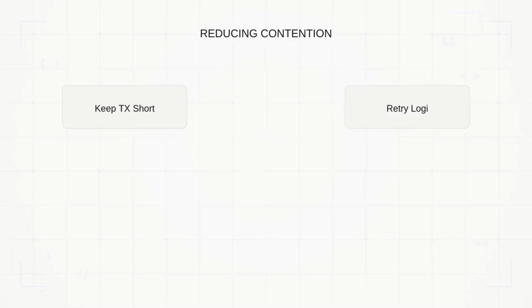While serializable isolation provides the highest safety, it is also the most prone to deadlocks. If your application can tolerate it, using read committed can reduce locking overhead. Finally, always implement a retry loop in your application code. Deadlocks are often transient. Simply waiting a few milliseconds and trying again is often the most resilient way to handle the occasional inevitable conflict in a high-scale system.